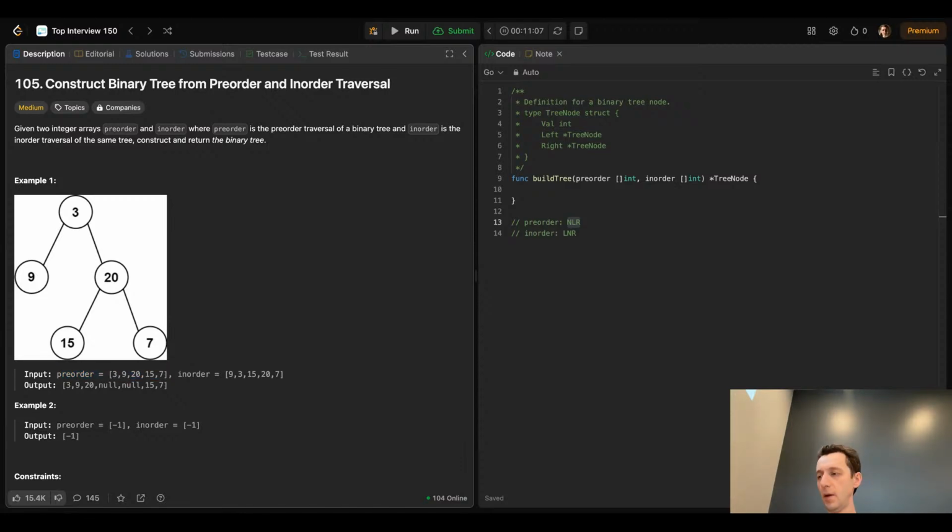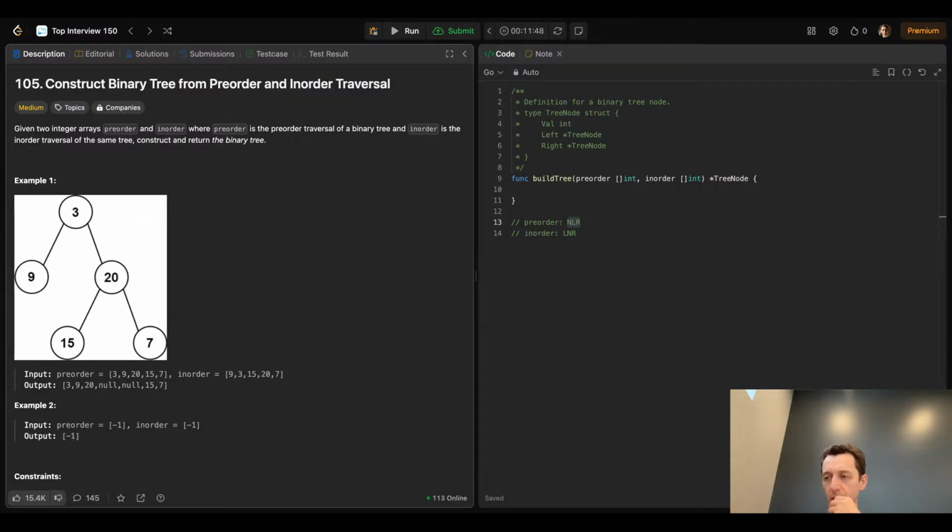What could we do with it? Let's say we have 3, 9, 20, 15, and 7. So this is preorder.